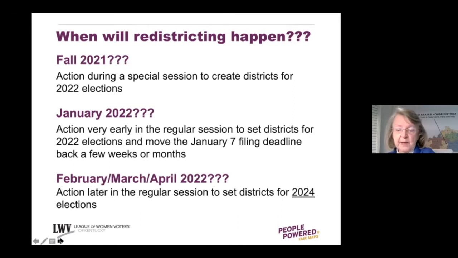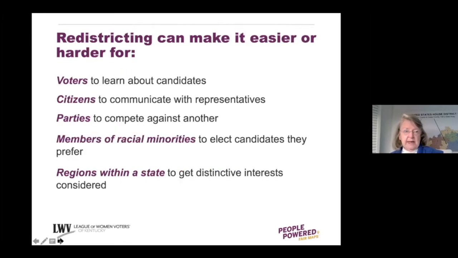That would mean we would go another 2 years until people would have the effect of one person, one vote. And that is a problem. So bottom line is we don't know when the legislators are going to act, but it will be within the next couple of months. Now, redistricting can make it easier or harder for voters to learn about candidates.